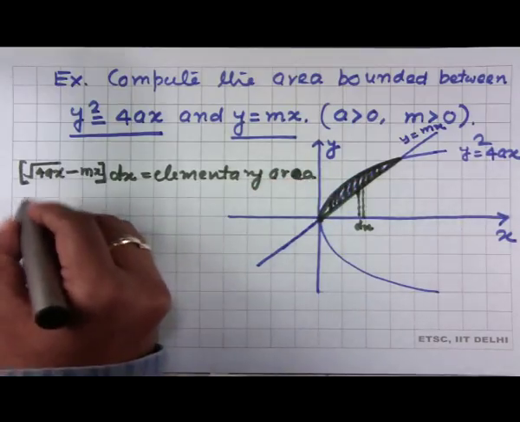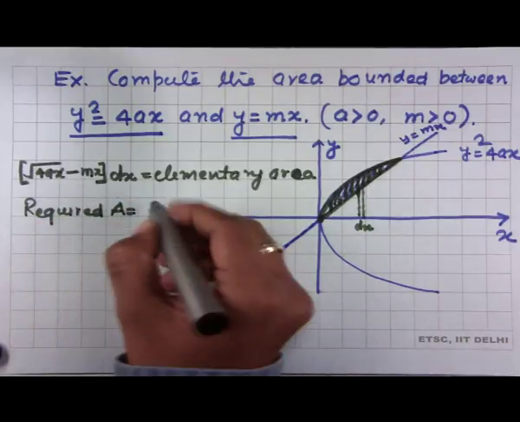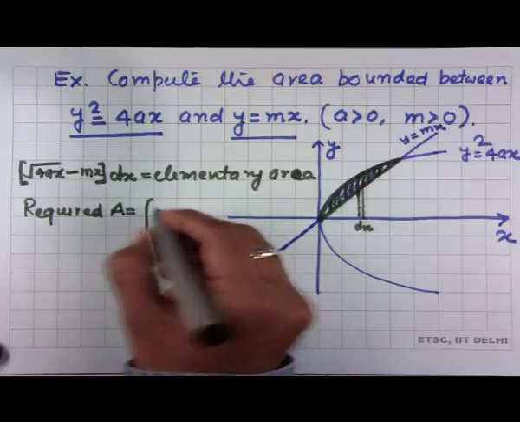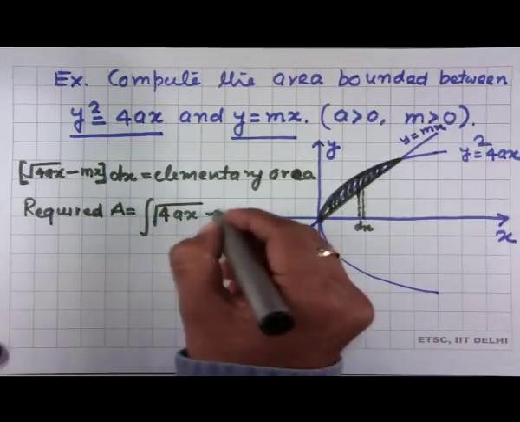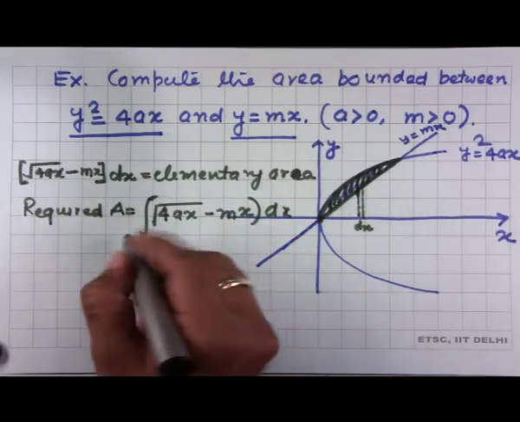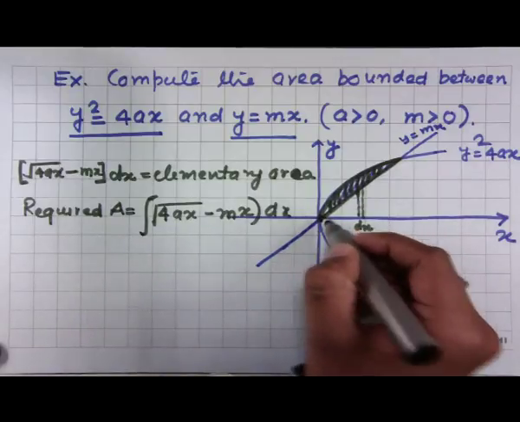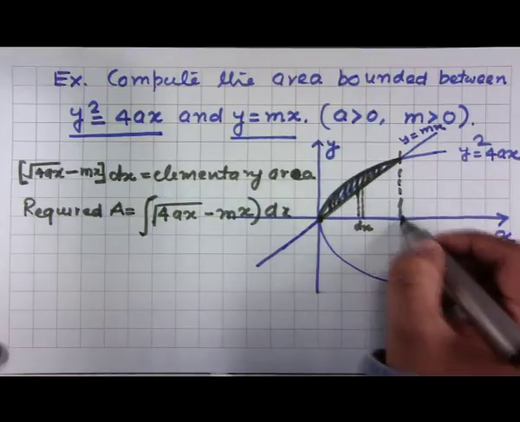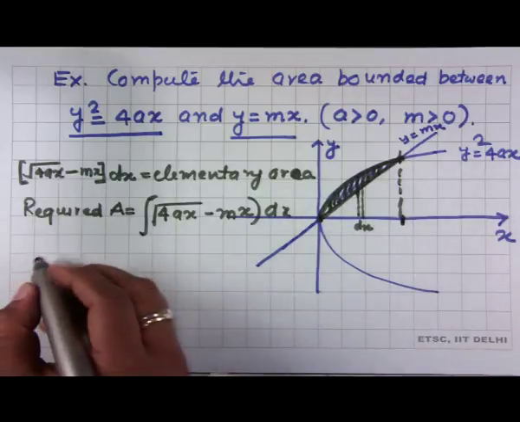So, required area is the integral of under root 4ax minus mx dx, where we are supposed to put the values of x. So, the value of x starts from the origin and goes to this point. To get the x coordinate of this point, we need to solve both the equations.